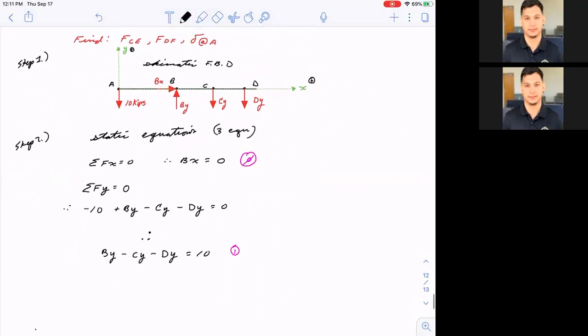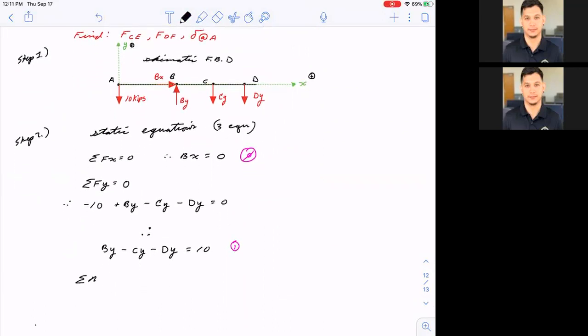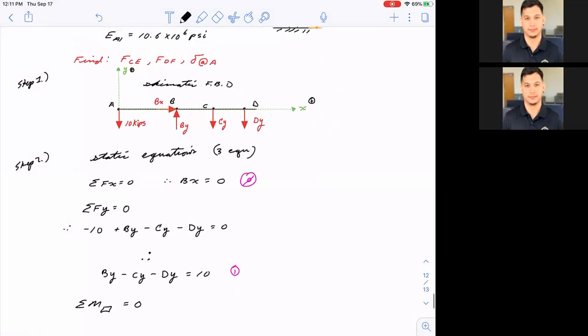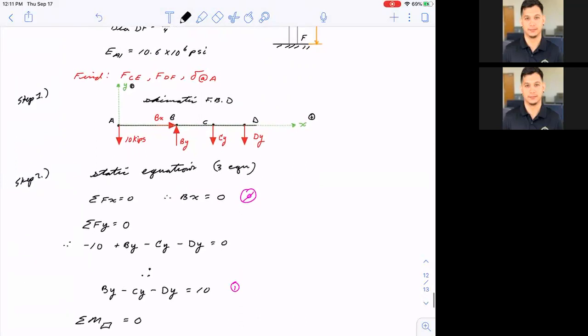So now let's do the sum of the moments at some point is equal to 0. Now we have to choose this point carefully, right? What is the question asking us? The question is asking us for the internal forces of CE, so this point, and DF, this point, right? And of course the deflection, but the deflection would be at this point.